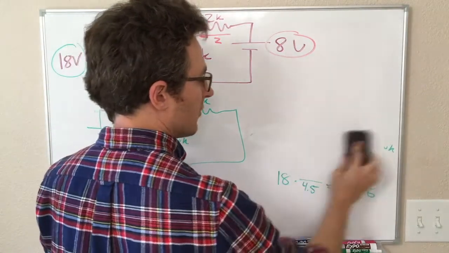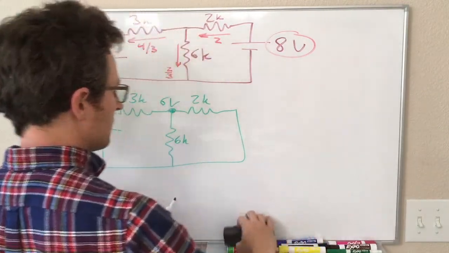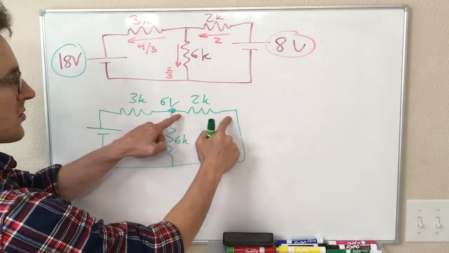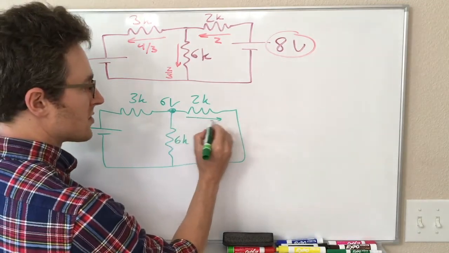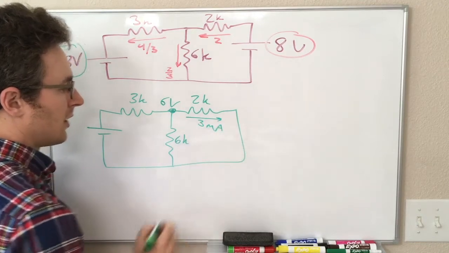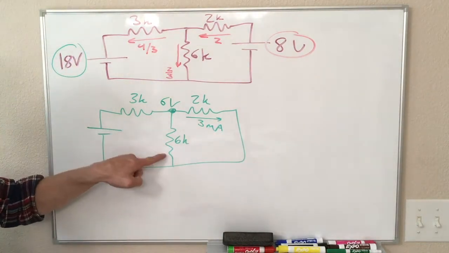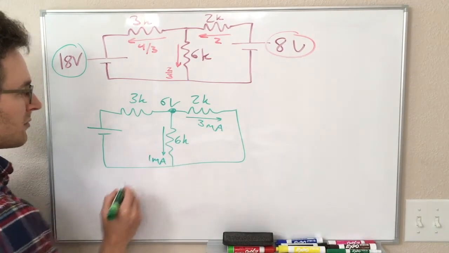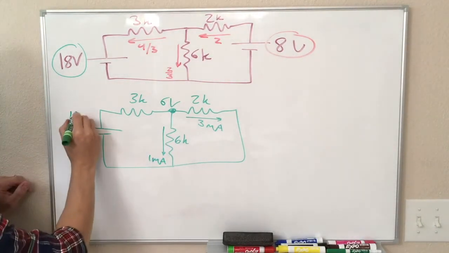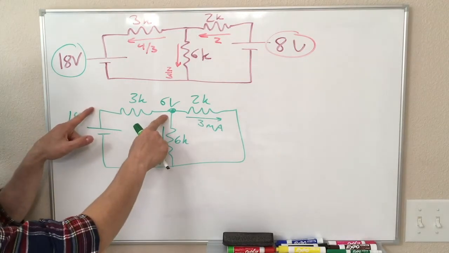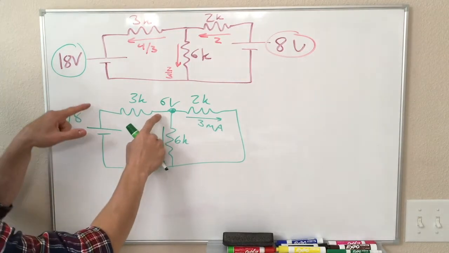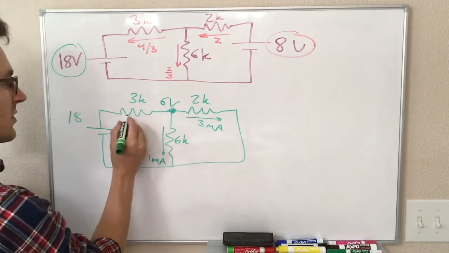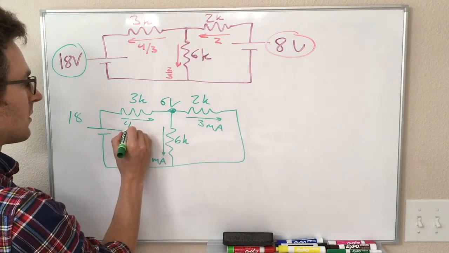And now we can figure out what the currents are, just like how we did before. So 6 volts across our 2 kilo ohm resistor gives us 3 milliamps to the right. 6 volts in our 6 kilo ohm resistor gives us 1 milliamp down. And here we have 18 minus 6 is 12. So we have 12 volts across our 3 kilo ohm resistor, which is going to give us 4 milliamps to the right.